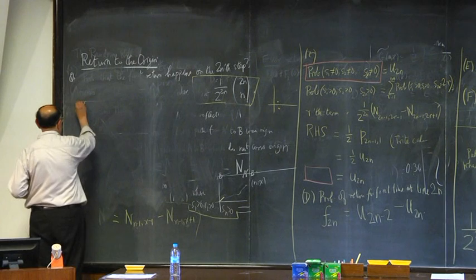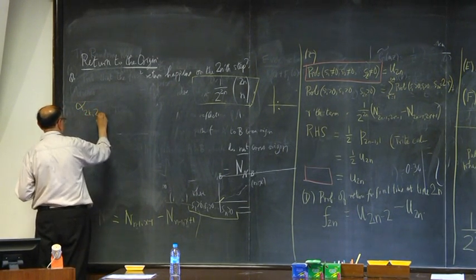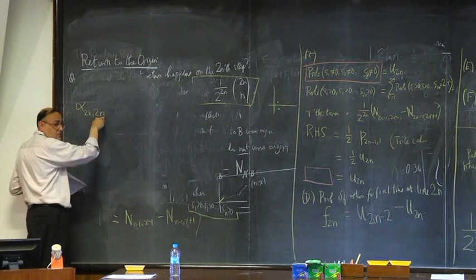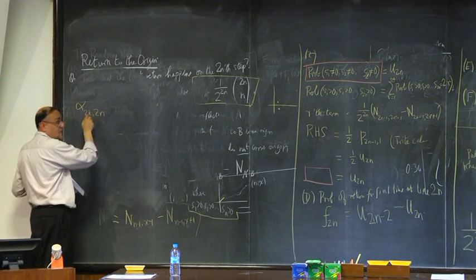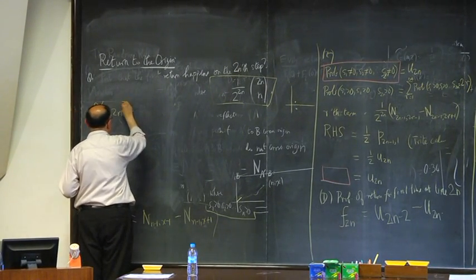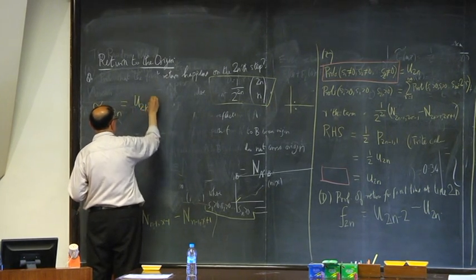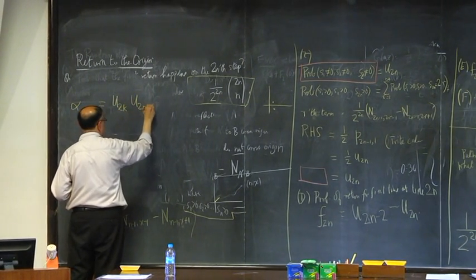So let's write it like this. The answer is alpha 2k 2n. In other words, the probability that in this walk of 2n steps, the last return to the origin happened at time 2k is equal to u 2k times u 2n minus 2k.